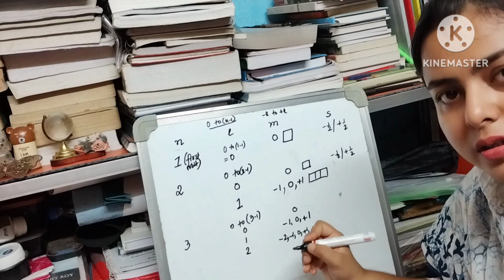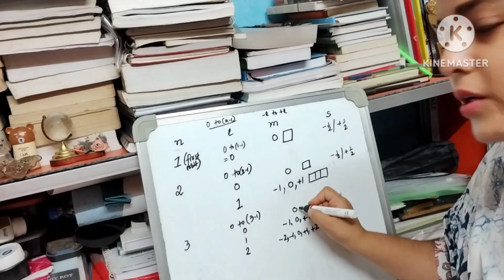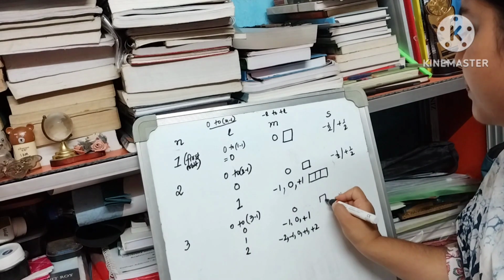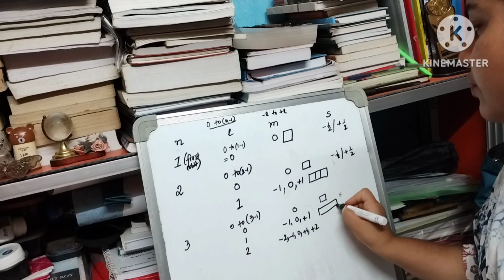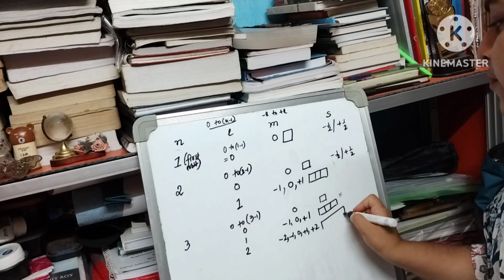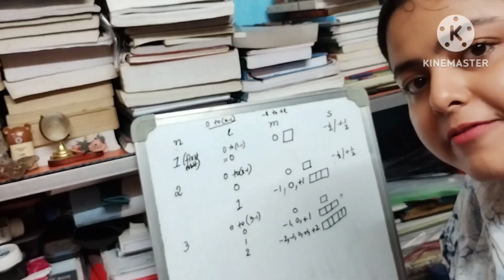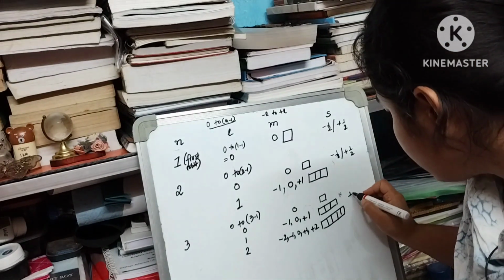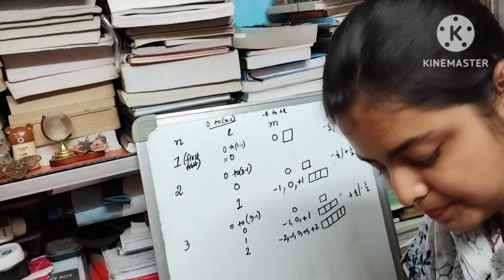We will only take the whole numbers. So one code number, of course one room. 3 code numbers, so 3 rooms. And 5 code numbers, so 5 rooms. Clear? And the spin value will be minus half and plus half.